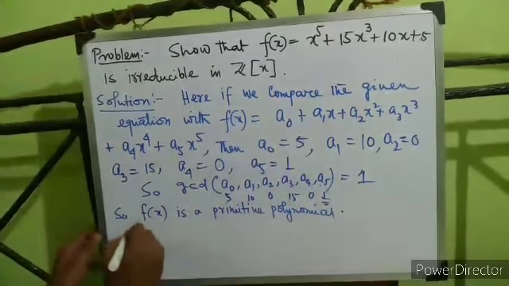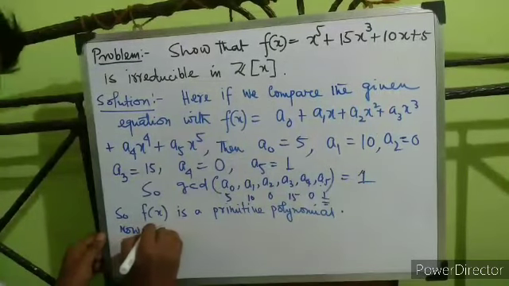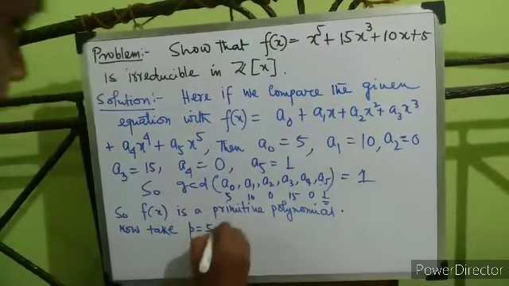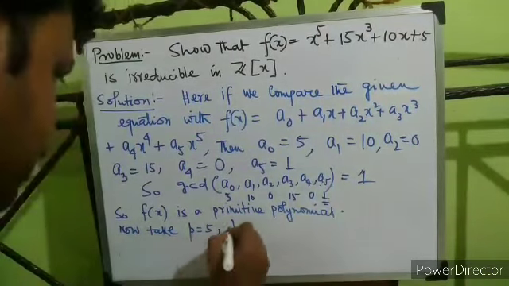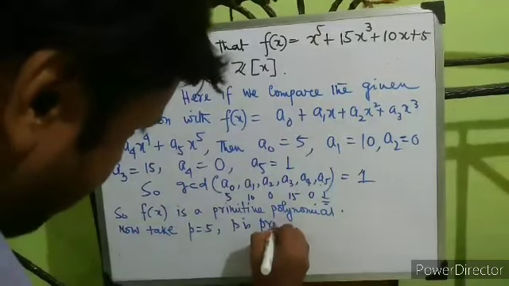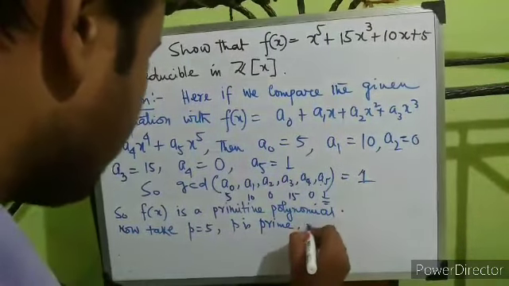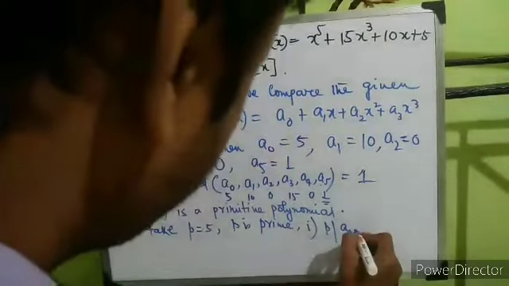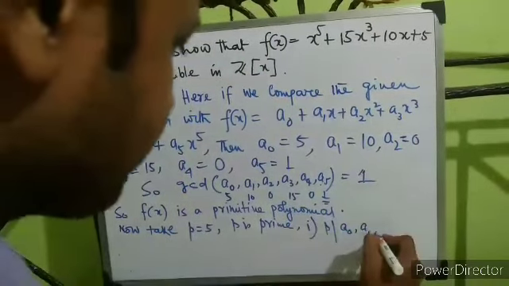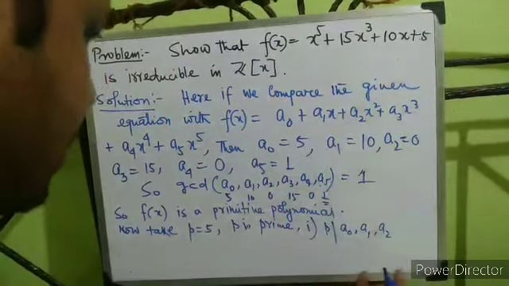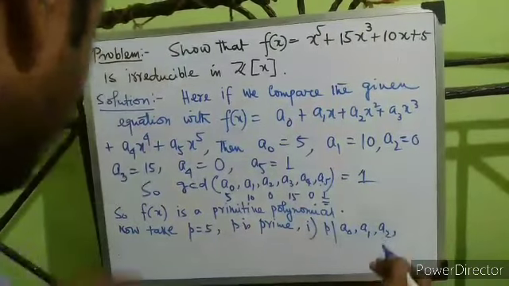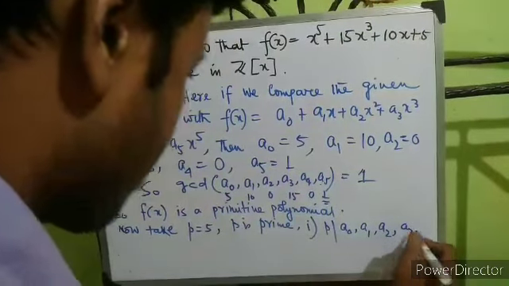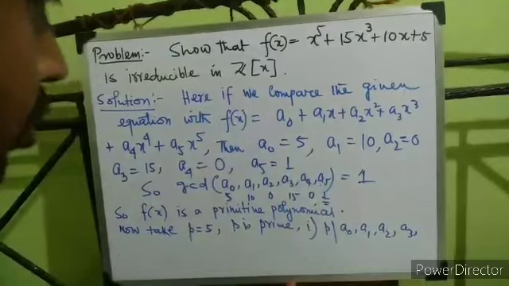Now if we take p equal to 5, then p is prime. Number 1, p will divide a0 equal to 5, a1 equal to 10, a2 equal to 0, so 5 divides 0, a3 equal to 15, so 5 divides 15, a4 equal to 0, so 5 divides 0.